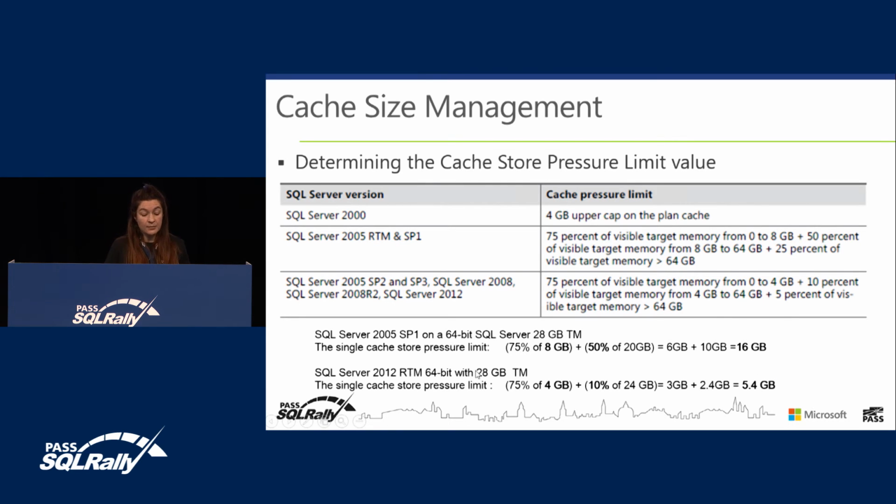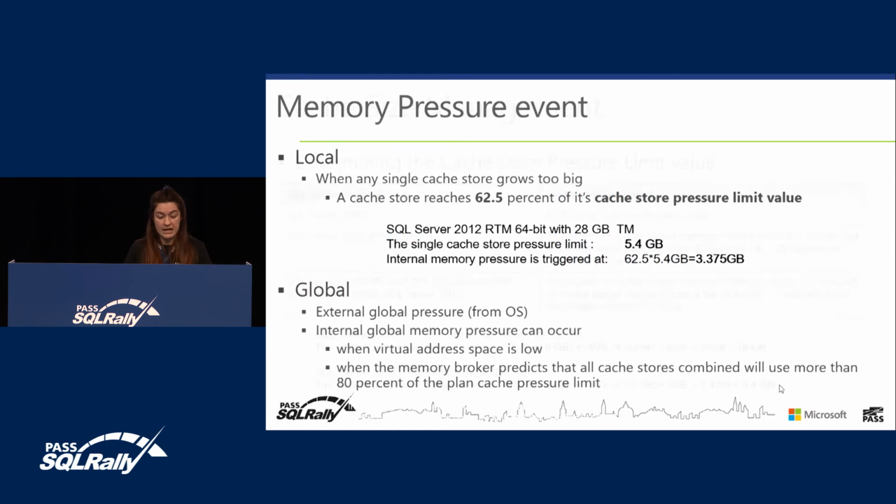So, for example, if you have 28 gigabytes target memory for SQL Server 2012 or 2014, it's not changed since then, according to this formula, you will have a cache store pressure limit value of 5.4 gigabytes. What does it mean?